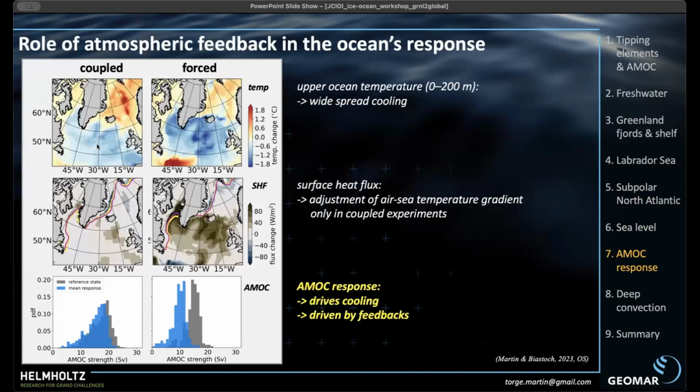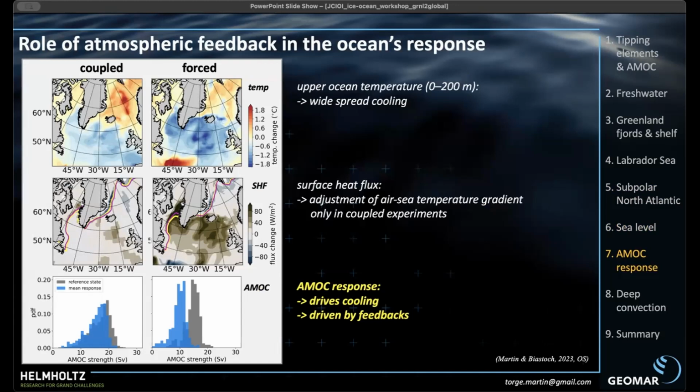Both systems, the coupled one on the left column and the forced one on the right, show surface cooling with a weaker AMOC and less heat transported northward. That's what we expect. But with the cooling, there comes a strong decrease in surface heat flux, or heat loss of the ocean, in the forced case, whereas in the coupled system, atmosphere and ocean adjust.